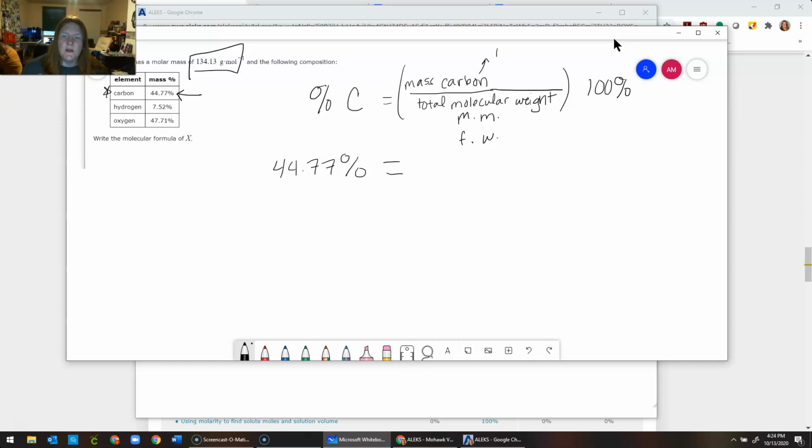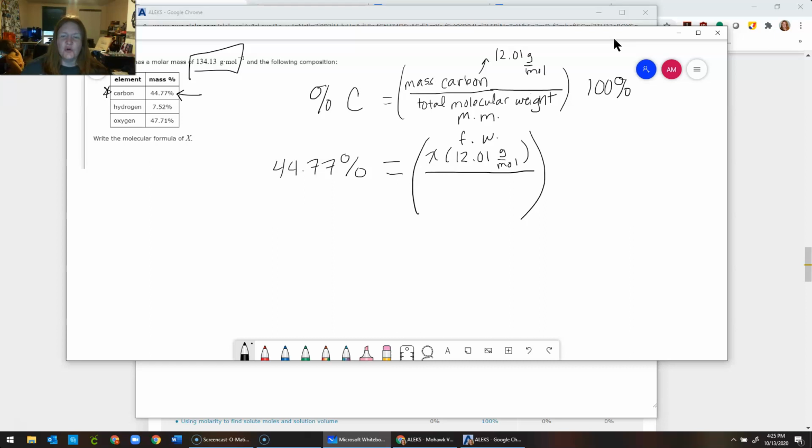Each carbon weighs 12.01 grams per mole. That's from the periodic table. But the total number of them is a mystery. That's kind of what we're trying to figure out here. How can you define a mystery though? That's my question. That's everyone's question.